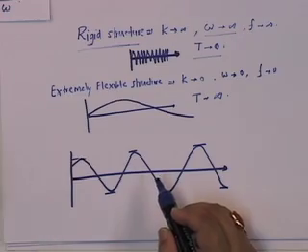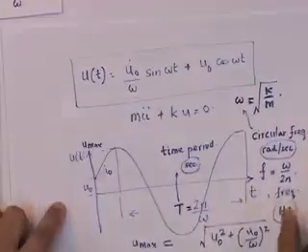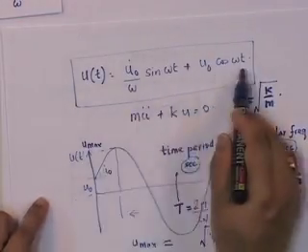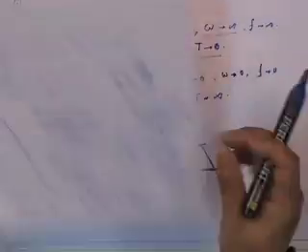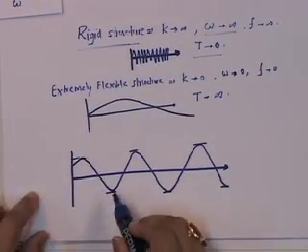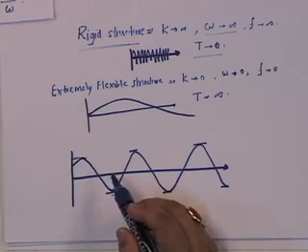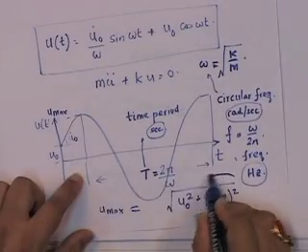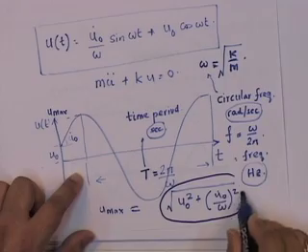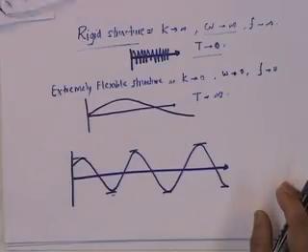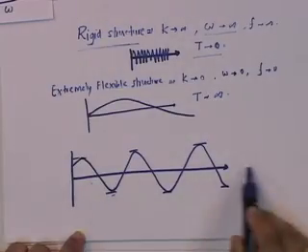This is just a harmonic function. So, harmonic function implies that the peak is given by this.